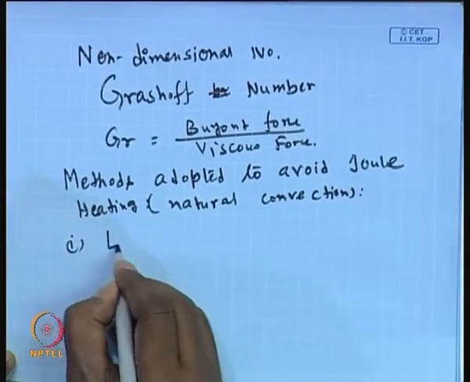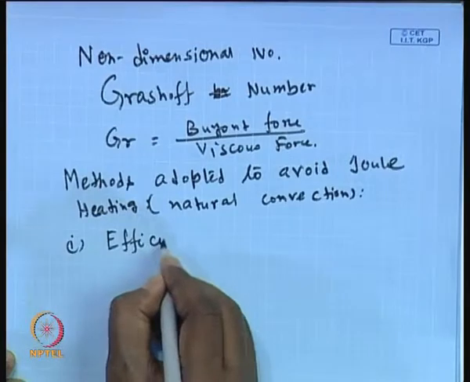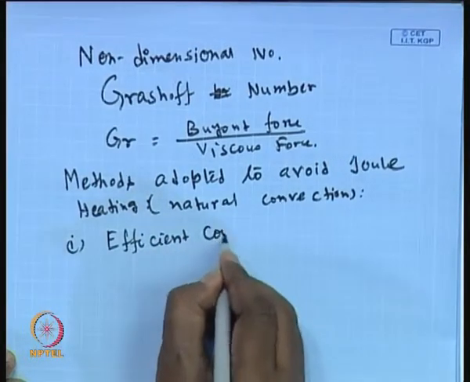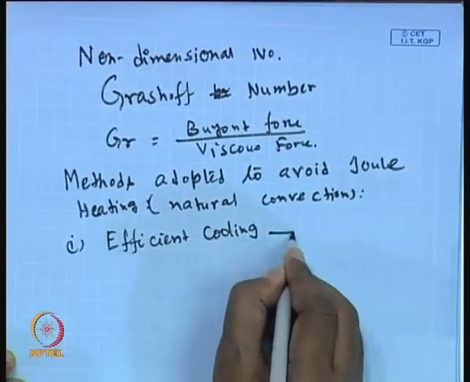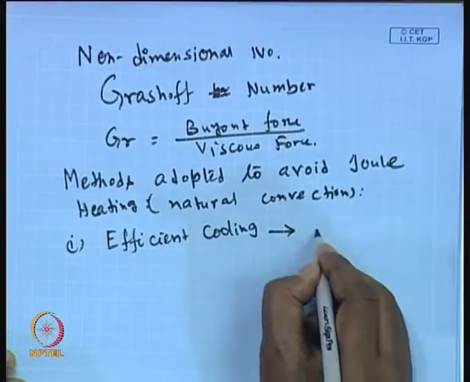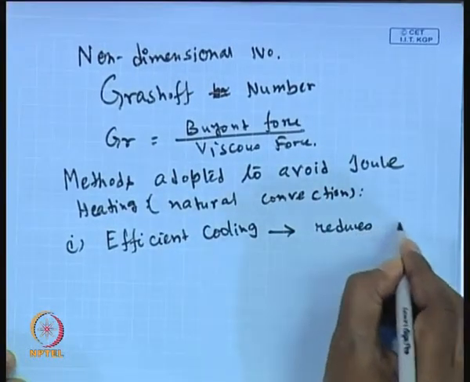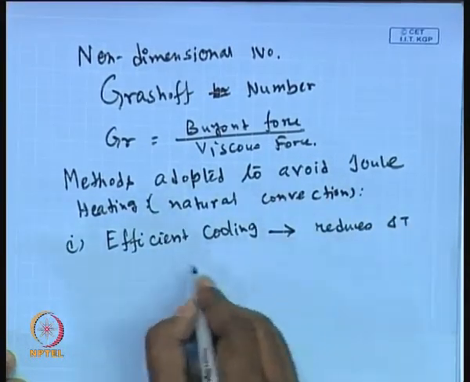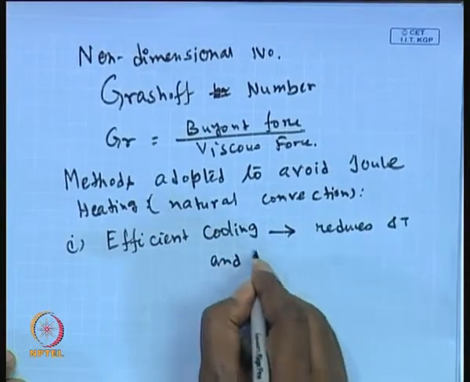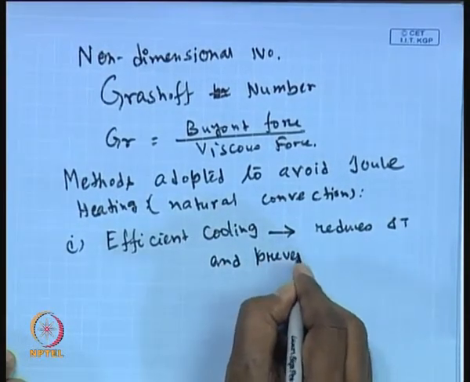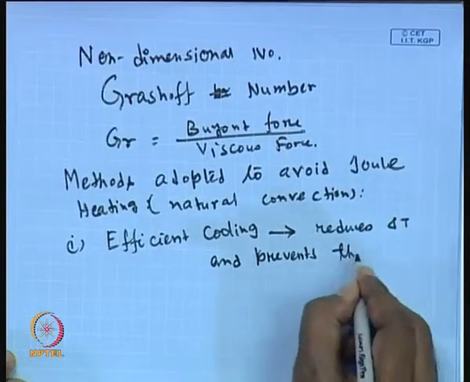So, you can have an efficient cooling in your system that basically reduces delta T and prevents thermal degradation.